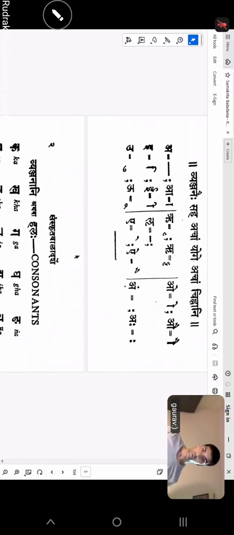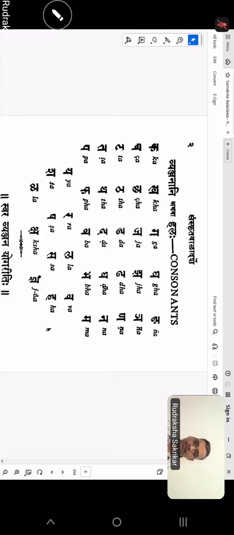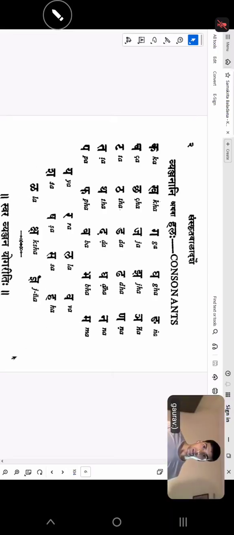Okay. And the consonants. Ka, kha, ga, gha, nga, cha, chha, ja, jha, nya, ta, tha, da, dha, na, ta, tha, da, dha, na, pa, pha, ba, bha, ma, ya, ra, la, va, sha, sha, sa, ha.